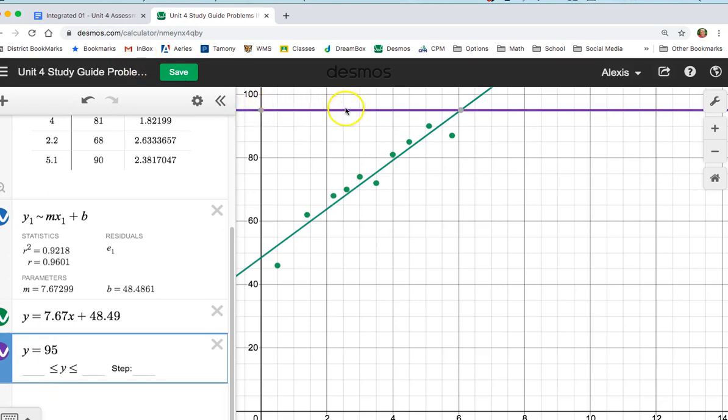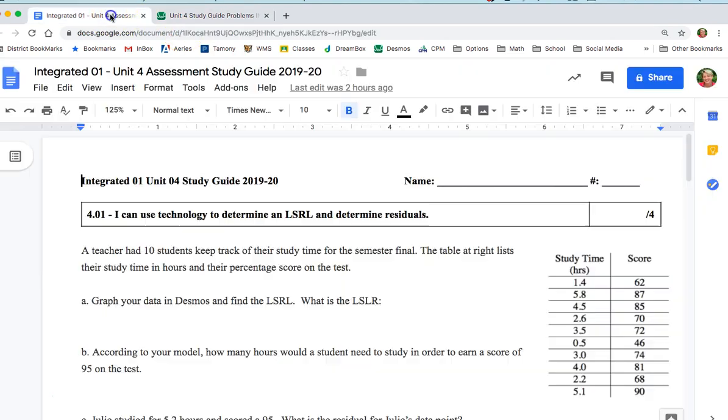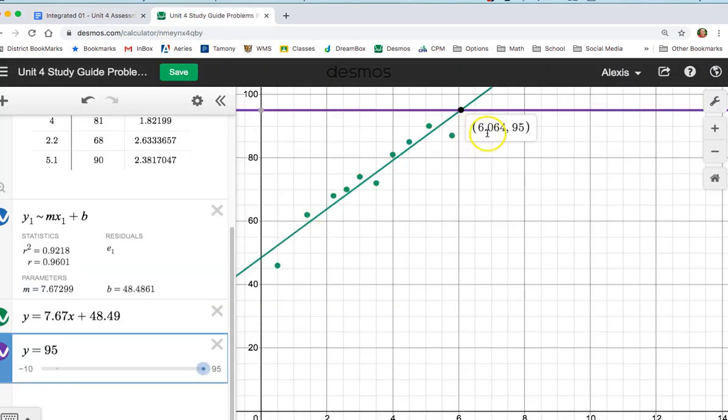That's a score of a 95. So how many hours of studying is that? Well, it's 6.06. All of our data given to us was rounded to the tenth, so I'm going to round this to 6.1. 6.1 hours to get a 95 on that test.